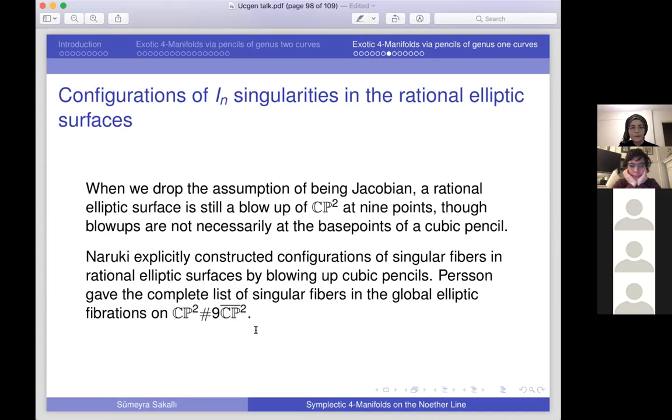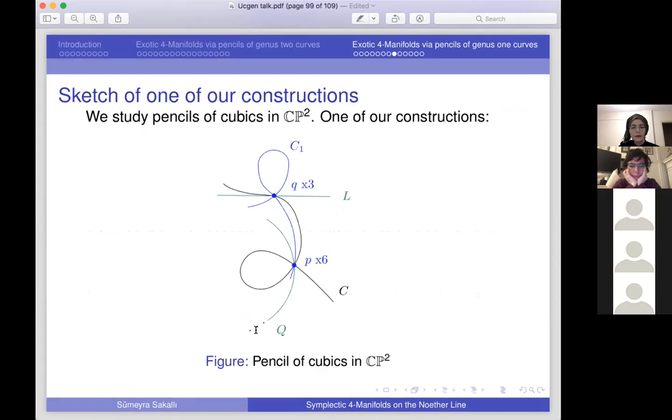And in my work, I have made constructions coming from such pencils of cubics. And let me give a sketch of one of them. So it is just one pencil of cubics lying inside the complex projective plane.